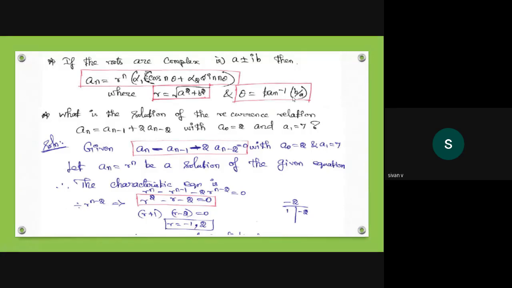These are the procedures for solving using the characteristic roots. Depending on the characteristic roots, the solution is one of these three types: distinct roots, equal roots, and complex roots.